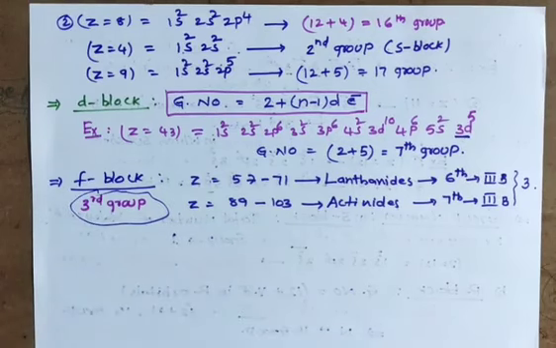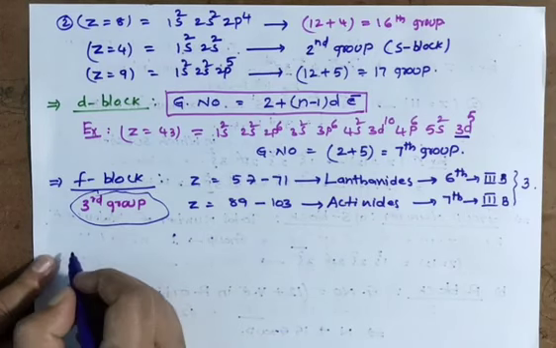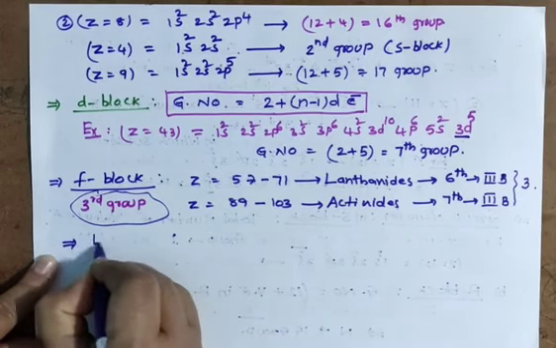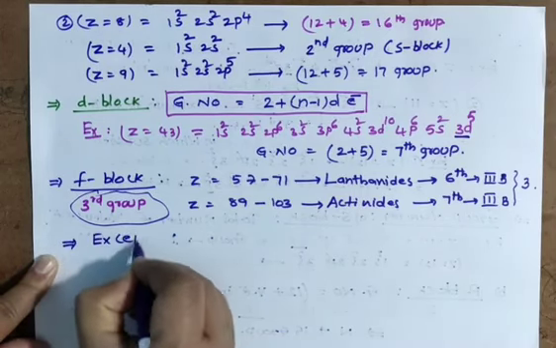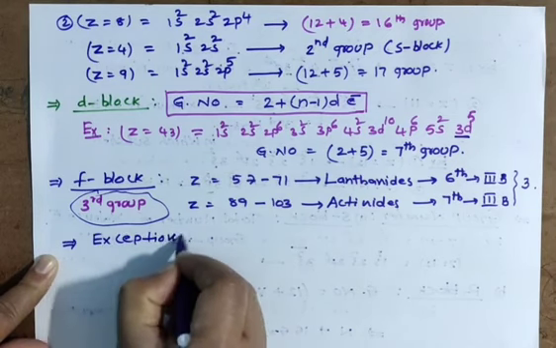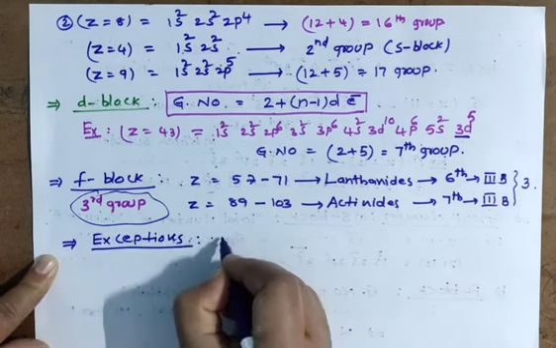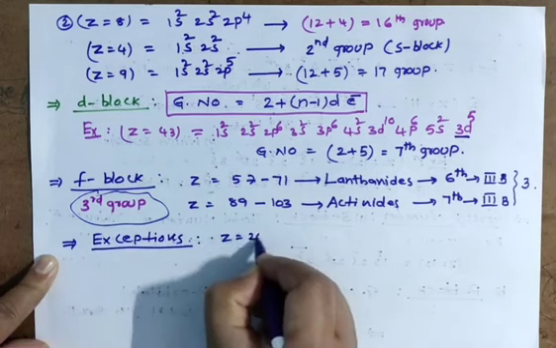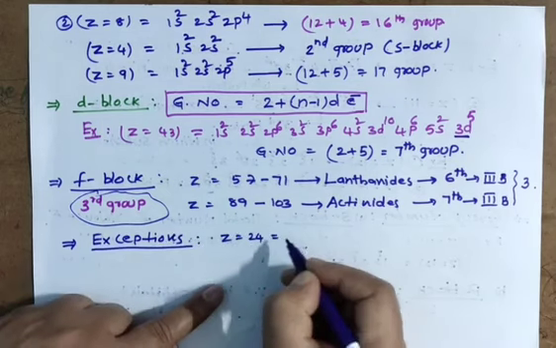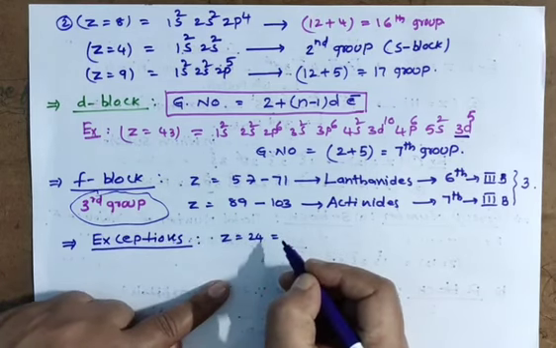Here we have the exception cases for prediction of these elements. What do exception cases mean? You know very well. Chromium exception case I am giving. You go for atomic number 24. You know atomic number 24 means chromium.